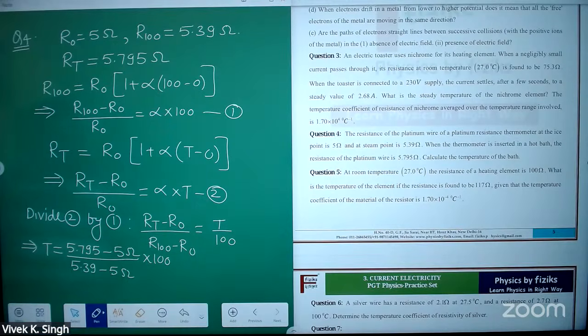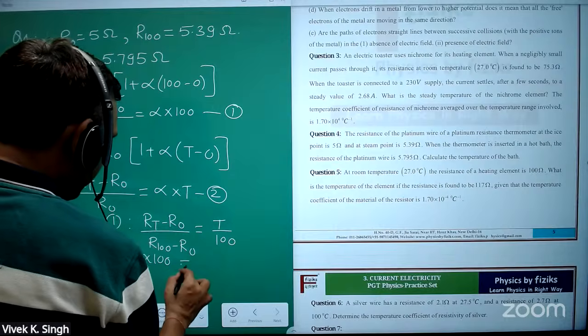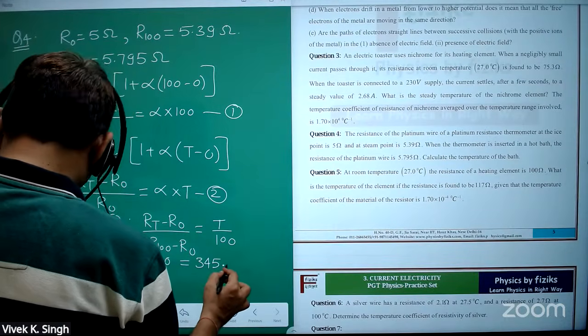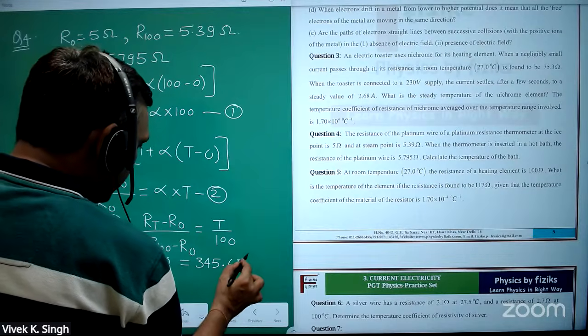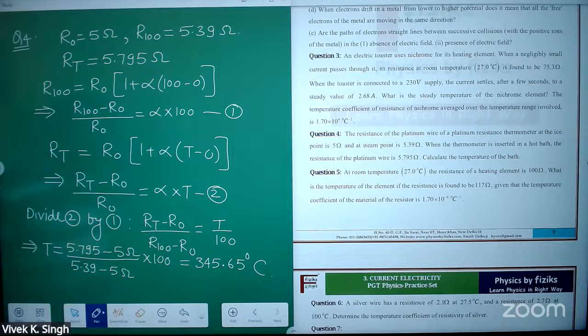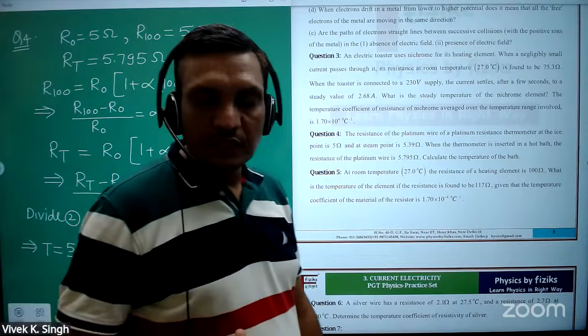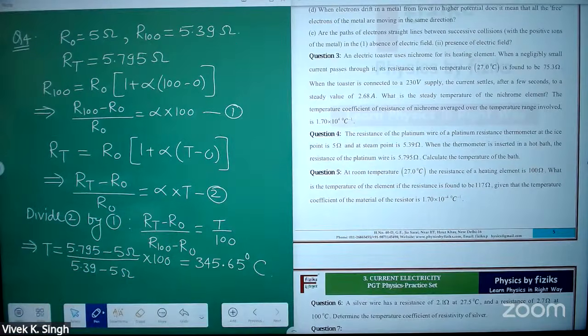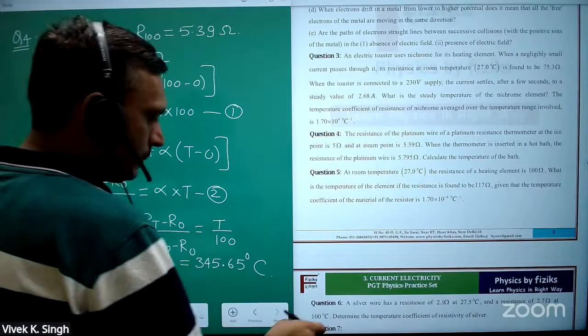If you calculate this value, this is 345.65 degrees centigrade. Just check the calculation value. This will be the temperature. So this is the second type of question based on the temperature dependence of resistance.